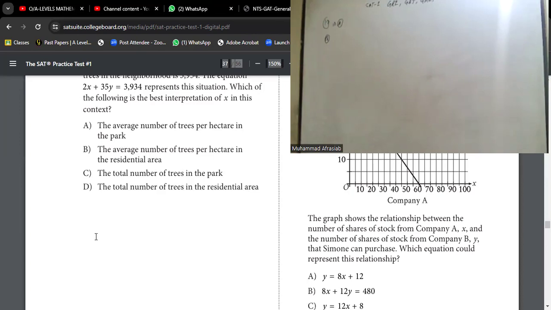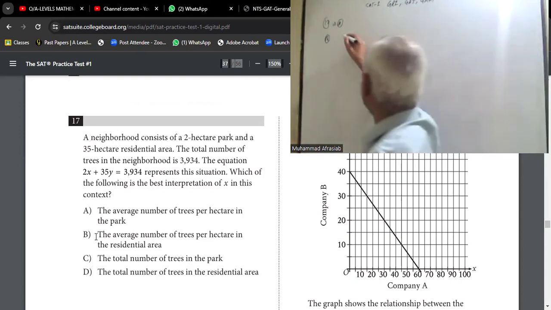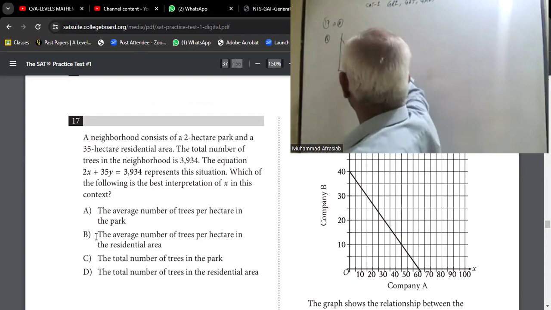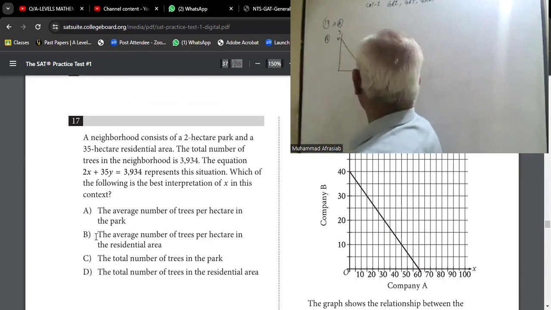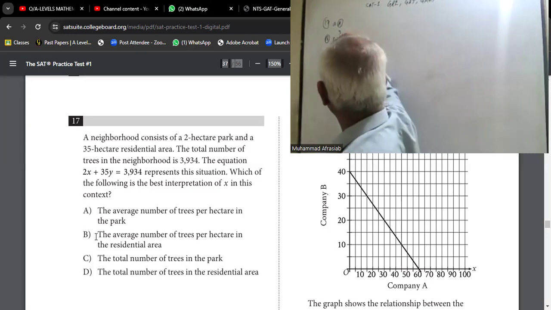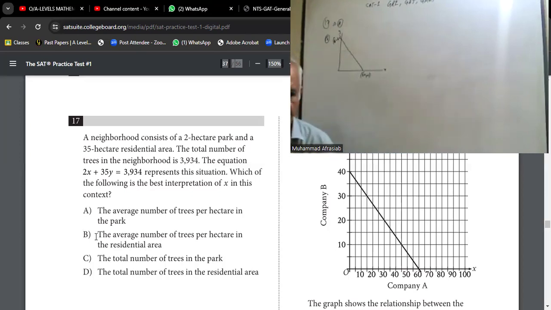Since this graph is passing through 0, 40 and 60, 0, the equation of the line is found as follows.